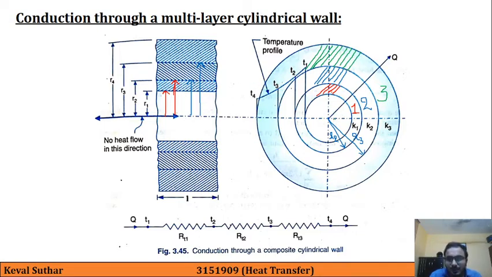And if you see carefully, the inner radius for this pipe is this and outer radius is this. So R3 will be the inner radius and R4 will be the outer radius, and the same can be seen from here also, that this is R3, that is inner radius for the third layer, and this will be the R4 radius, which is this.